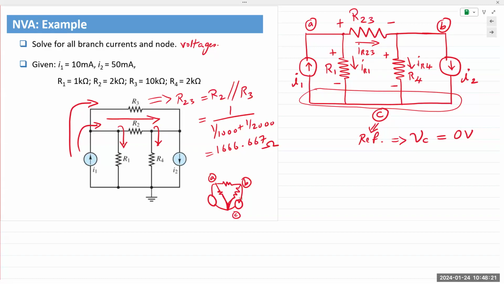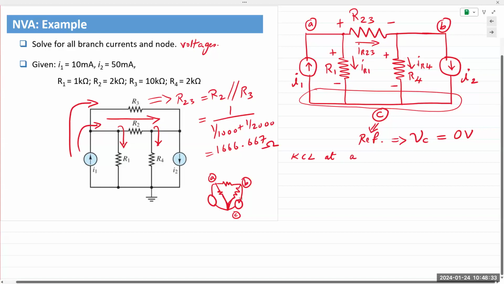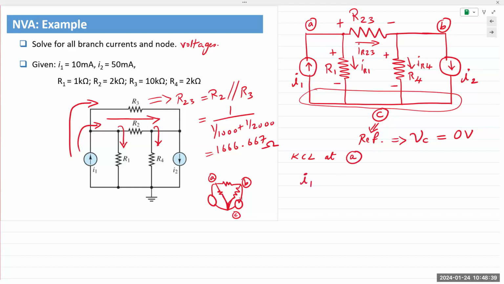Okay, so reference node C, I have VA and I have VB. I'm going to apply KCL at node A. KCL at node A gives me current I1 entering the junction and currents IR1 and IR23 leaving the junction. Then apply Ohm's law.